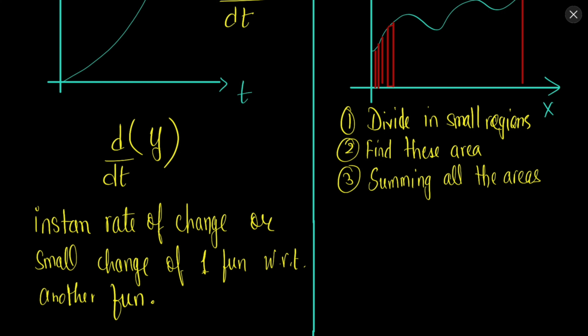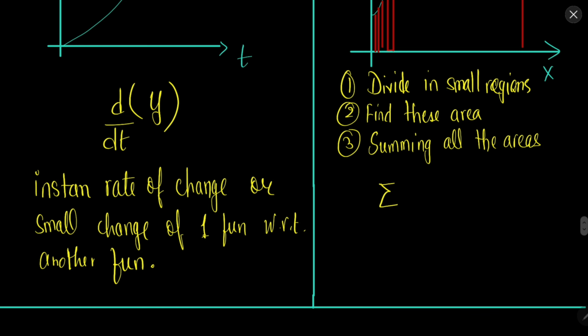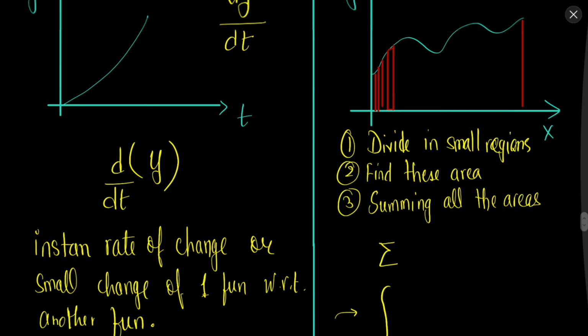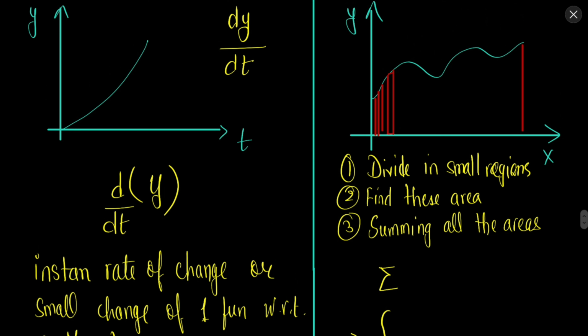So what is the symbol for integration? For discrete summation we use this symbol, the famous symbol of summation, and for analog, continuous integration, we use this. This is the usual symbol that we use for integration. For example, we need to integrate this region. How can I write it?